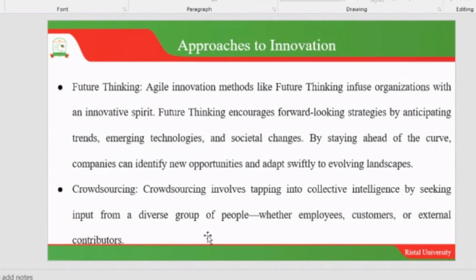So this future thinking is the one that helps us to stay ahead of the curve and helps us to identify new opportunities and adapt swiftly to evolving or dynamic landscapes in healthcare. Okay, because healthcare, as we said, is a bit of a complex field that is always evolving.